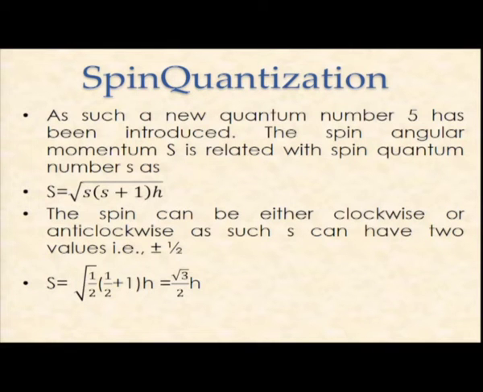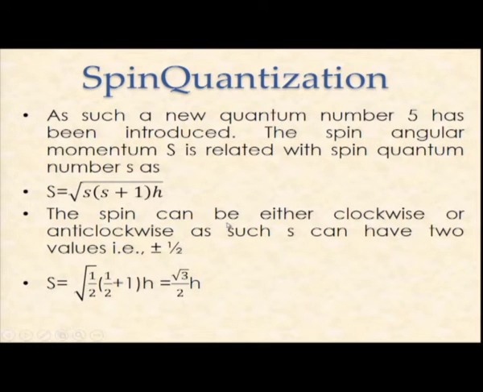Earlier we had the principal quantum number, orbital quantum number, total angular momentum quantum number, and magnetic quantum number. Now the fifth quantum number is spin. Spin angular momentum is related to the spin quantum number as S is equal to the square root of s into s plus 1, into ħ.